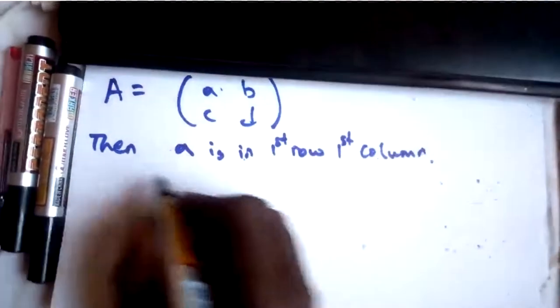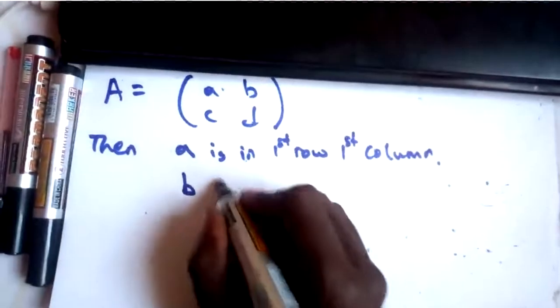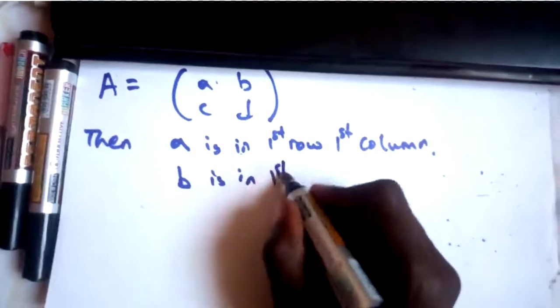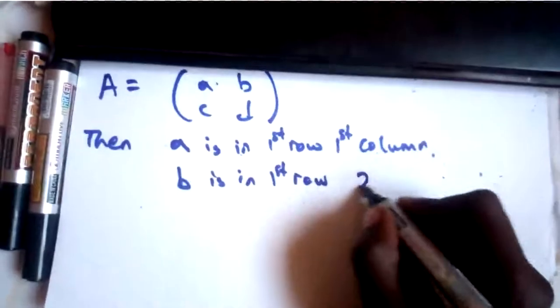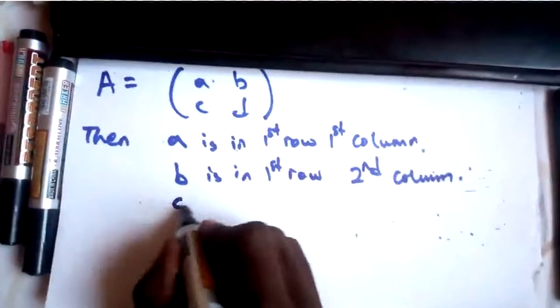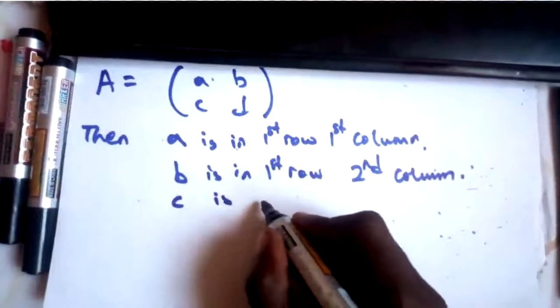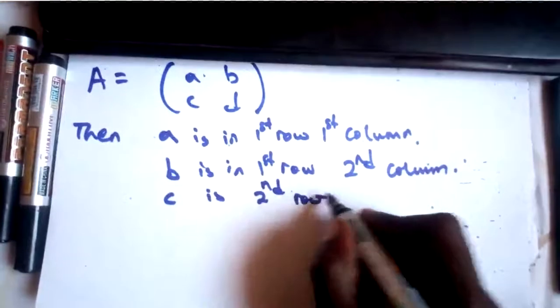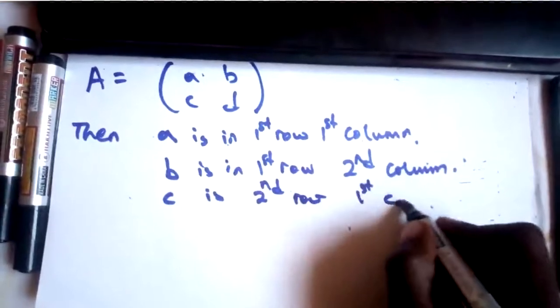Entry b is in the first row, second column. Entry c is in the second row, first column.